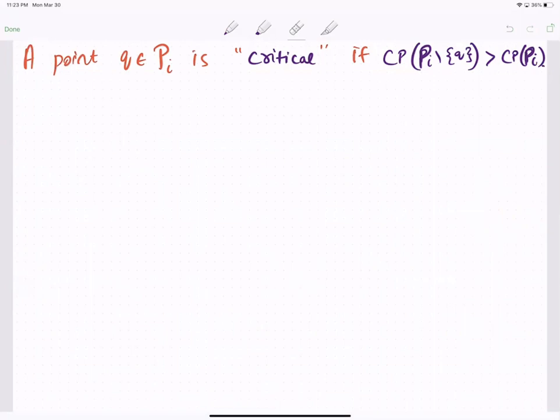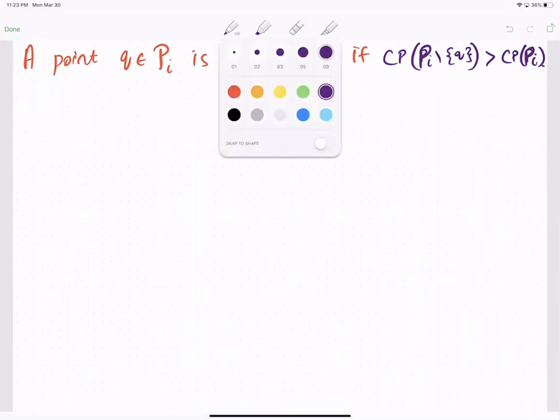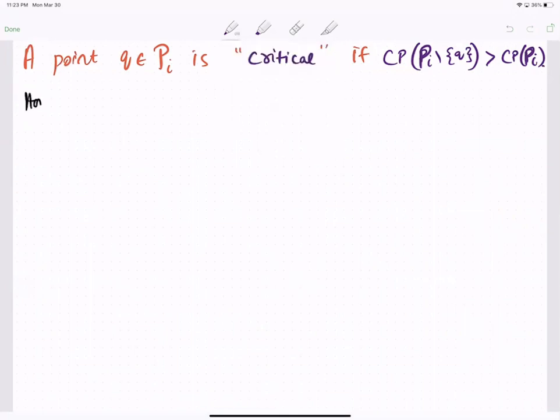So then q will be called a critical point. Okay, so now the question I want to ask is, how many critical points can there be?